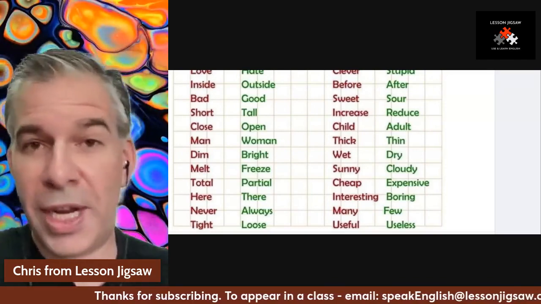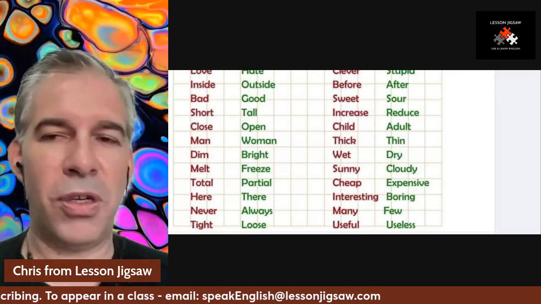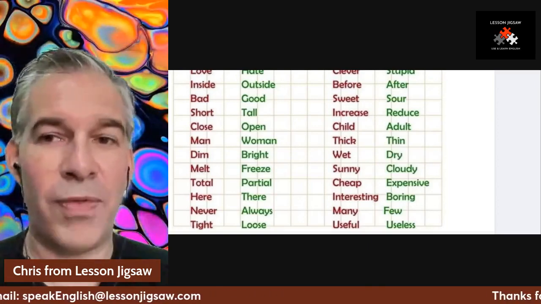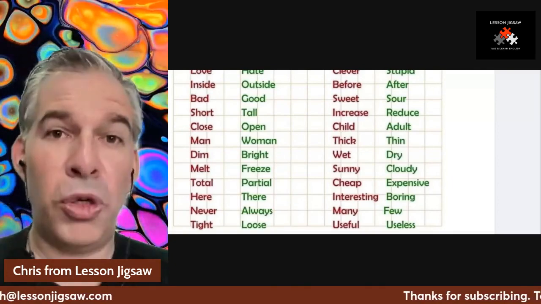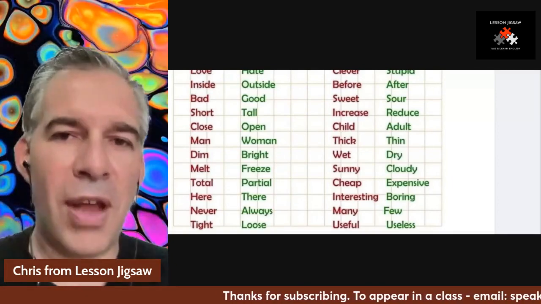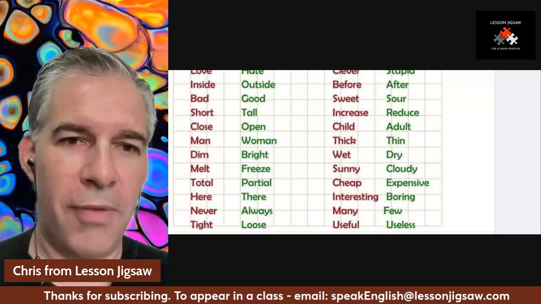or other words that go along with it that you're trying to learn. Asking questions, giving answers, and having a conversation also gives you the opportunity to have positive and negative sentences. So you get a nice mixture of the usage of the vocabulary.